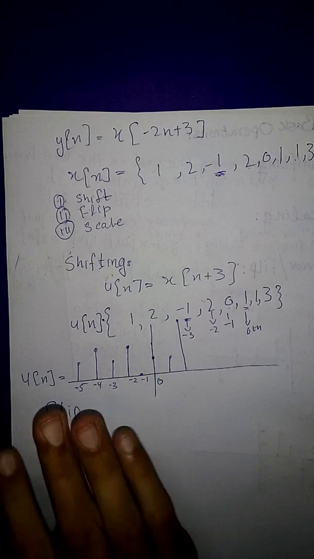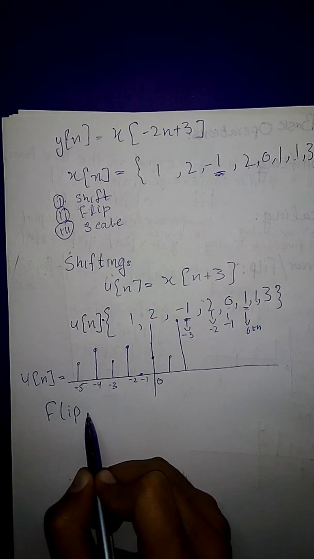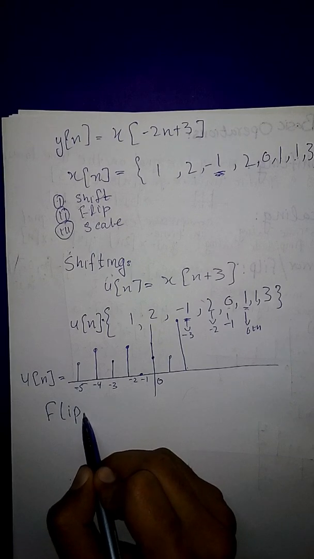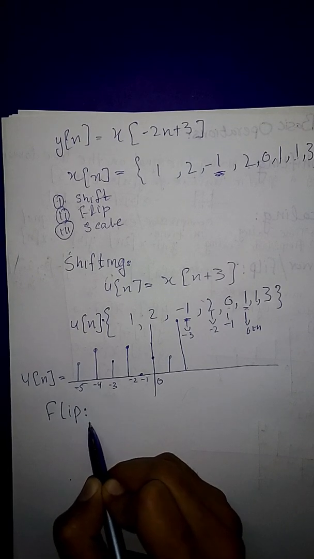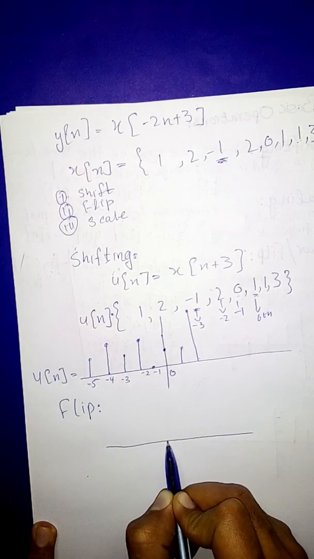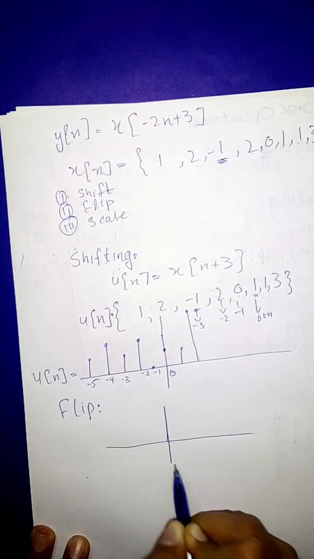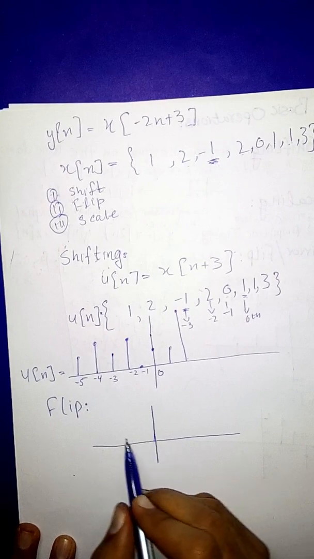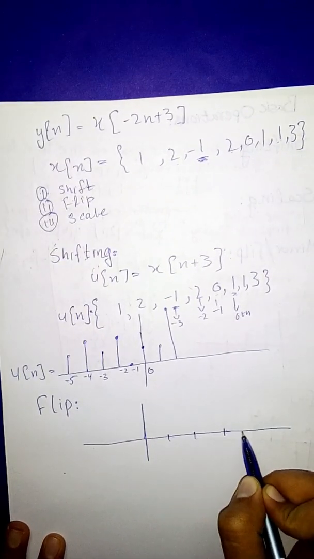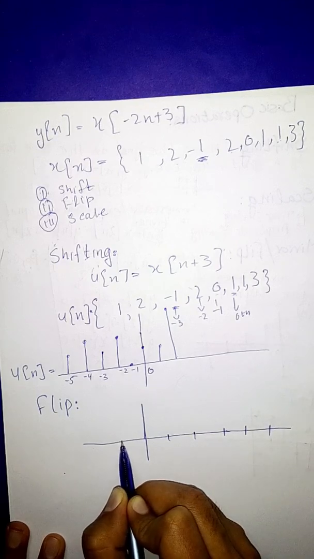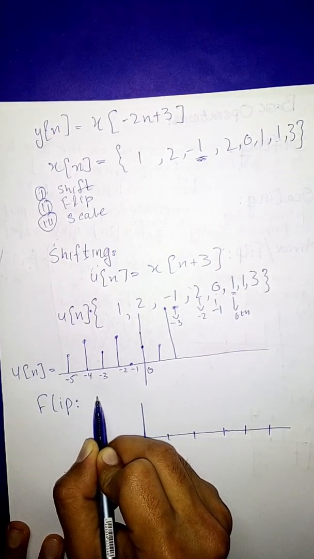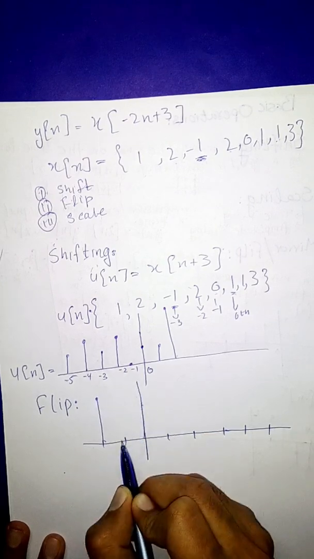Now we will apply flipping. As we know that we will have to make a mirror image, so we just make a mirror image. 1 2 3 4 and 5, 1 and 2. This will become minus 3 plus 3 amplitude.